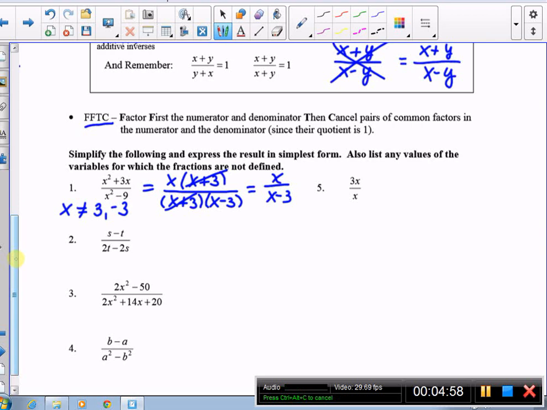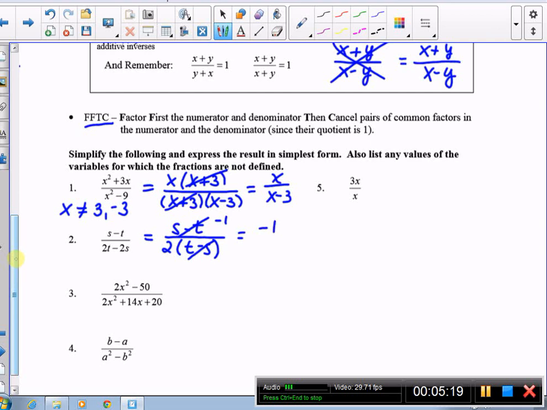Number 2, for this one, we can only factor the denominator. So that looks like GCF, so factor out a 2 and you're left with t minus s. So here's a situation where you've got the same numerator and denominator reversed with a minus sign. Those simplify to negative 1.